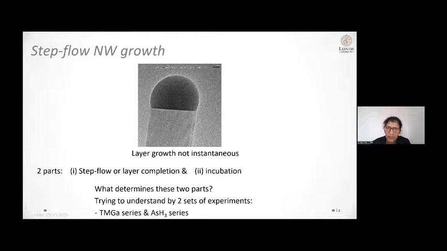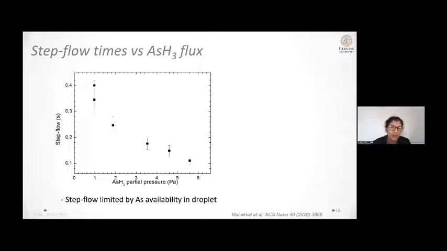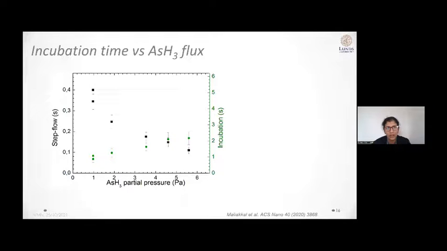Now, what we want to study is what determines these two parts of the nanowire growth. And we see here that with increasing arsine pressure, the layer completion time or the step flow time decreases very drastically. If we look at the incubation time, there's a small increase, but it's not much.